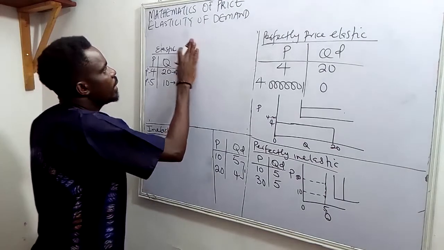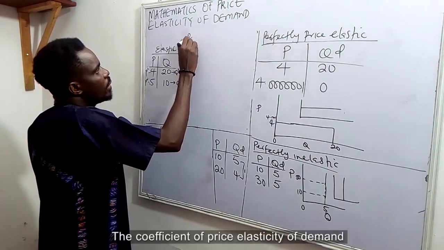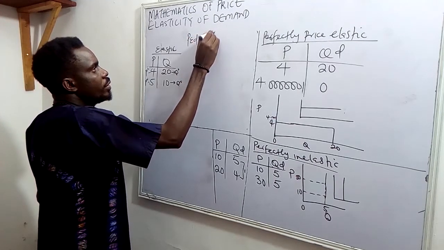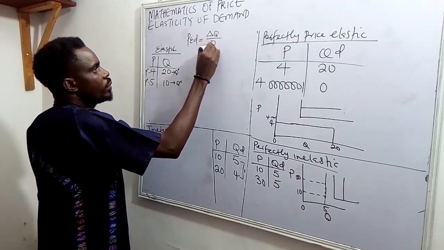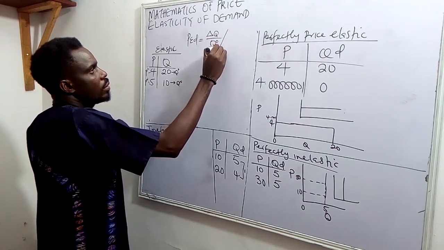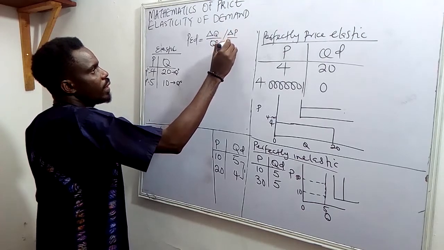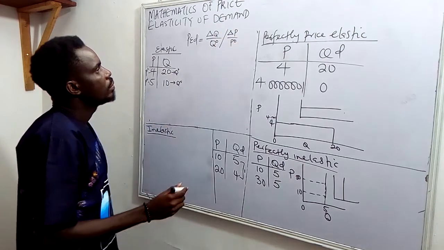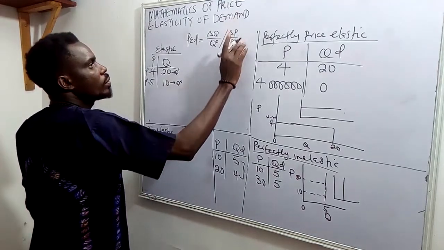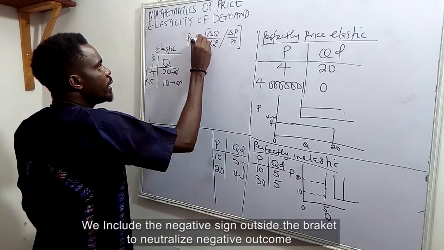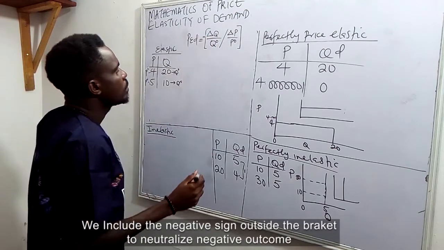As established earlier, the coefficient of price elasticity of demand is change in Q divide Q naught divide change in P divide P naught. Also, to address the issue of negative, we include a negative sign outside the bracket.